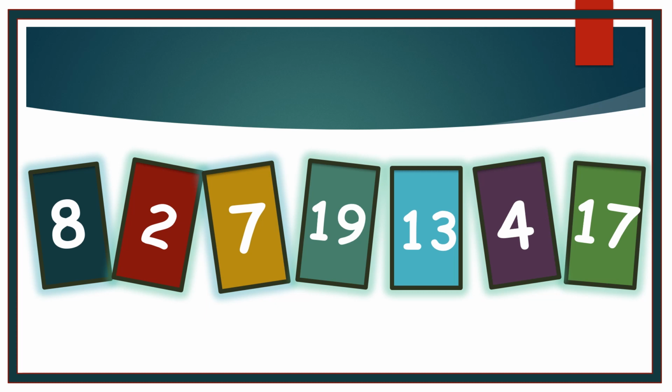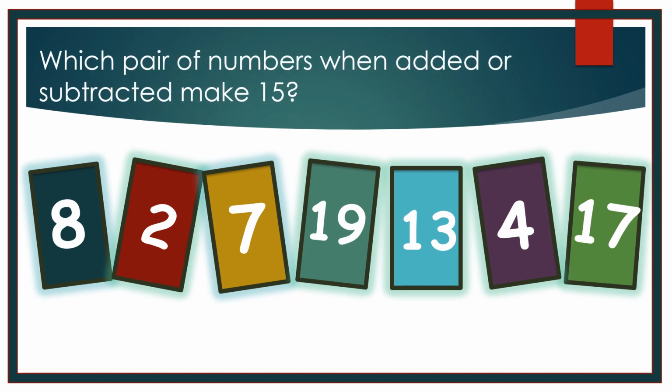So kids, here as we can see, there are a few number cards. There is 8, 2, 7, 19, 13, 4 and 17. What we have to do is make 15 using any two cards from these number cards.